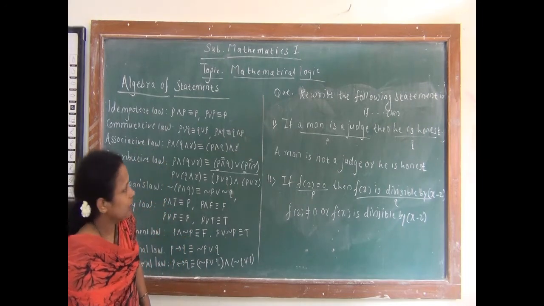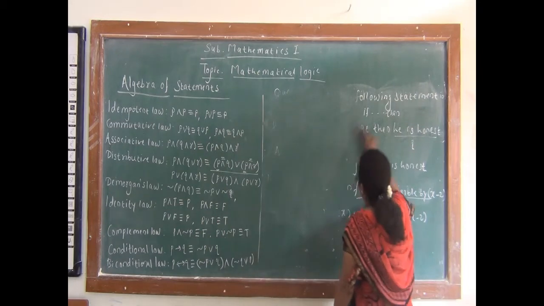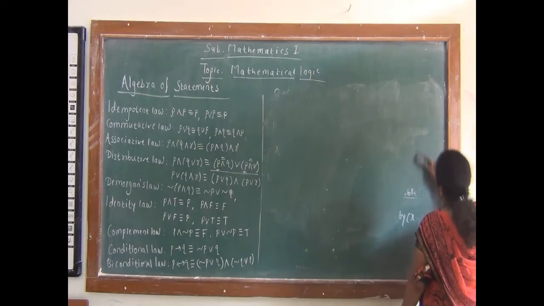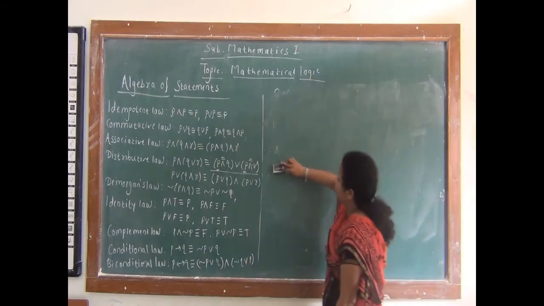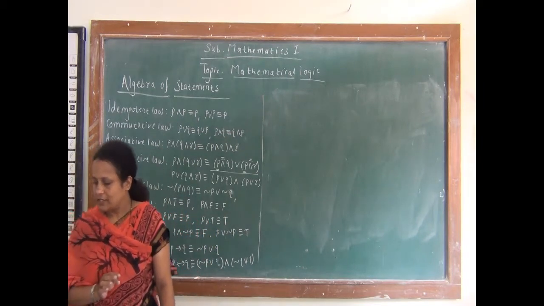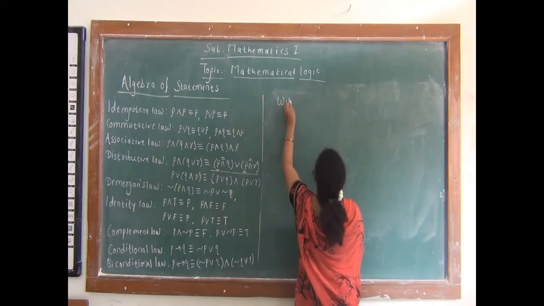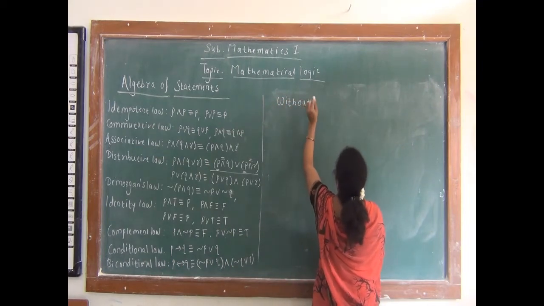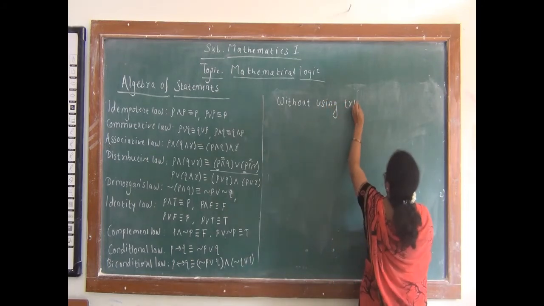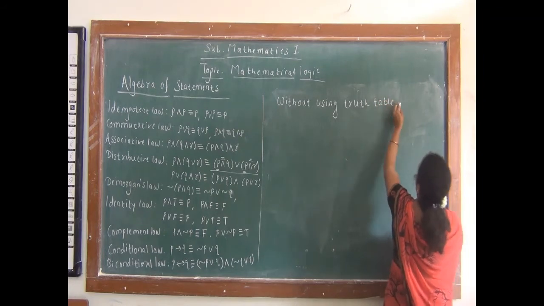Now one more type of question related to this algebra, which is again important for our board exams. First of all, this question is important. You have to read this question carefully and then solve this type of question. So the question is: without using truth table, show that.